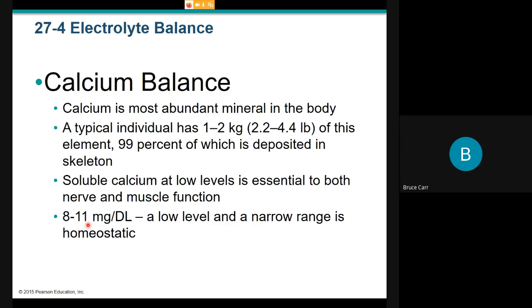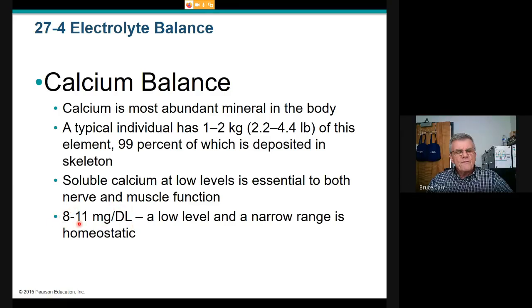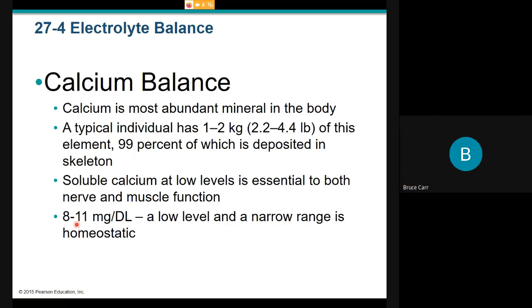So if you want to move a nerve impulse, you need calcium. Very, very low levels, but also look at this, a very, very narrow range. So I think in other places it's recorded as 8.5 to 11. If it goes out of kilter more than 2.5 milligrams, which is its full range, then the body works to bring it back into range.